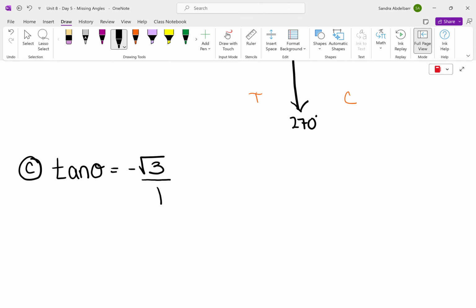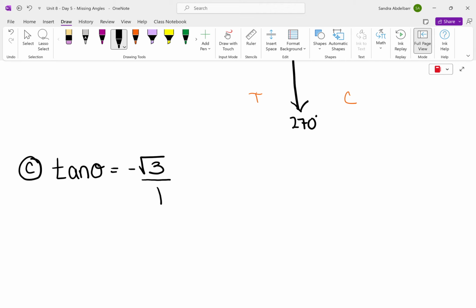The 120 is good. The other one's not. You can't be in quadrant 1 because tangent's positive in quadrant 1. Wait, I mean, if I was saying confused, all students take calculus. So the C here for tangent means it's positive here. All students take calculus.